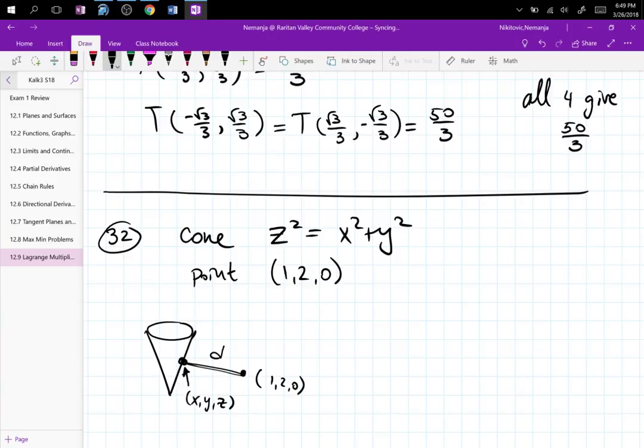Does anyone know the distance formula? Because clearly if you want the closest point, that's going to be the distance formula between 2 points. Yeah, it was in chapter 11, I know, 7 years ago.